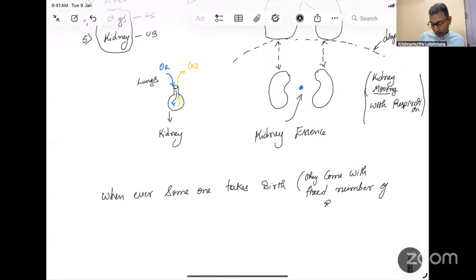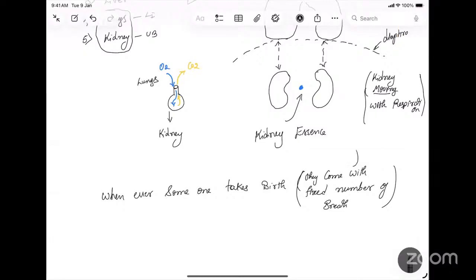Have you read it? If not, read it. For this body, this much amount of breath is fixed, and with that the body comes out. And where is that information stored? It is stored in the essence, kidney essence.